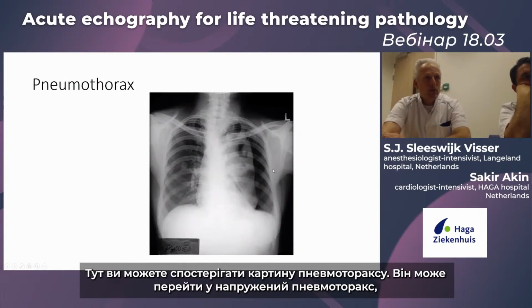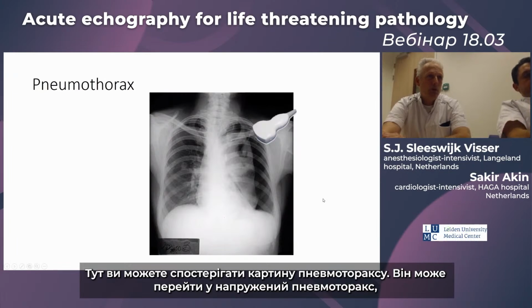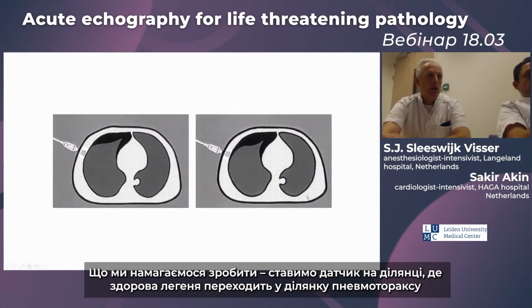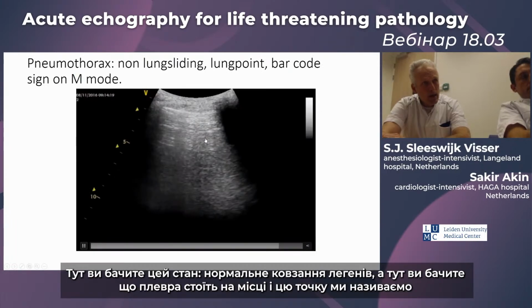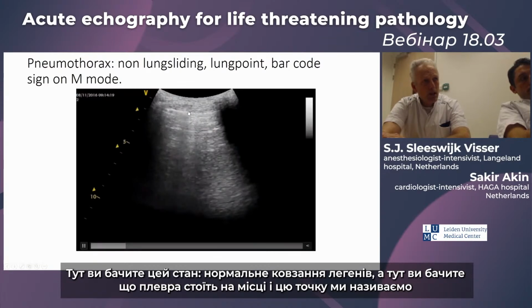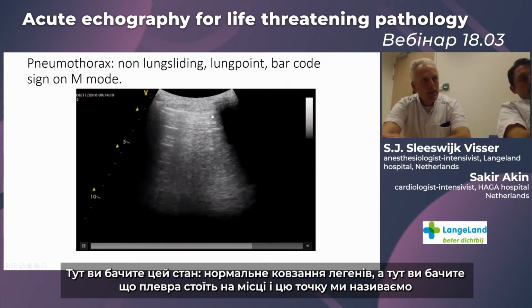Well, here we have, of course, a pneumothorax, and it can develop into a tension pneumothorax, especially if we start ventilating the patient. And what we try to do, we put the echo probe on the area where the normal lung goes into the pneumothorax to see the lung point. Here you see the echo view of this condition. Here you see normal lung sliding, and you see here the pleurae standing still.